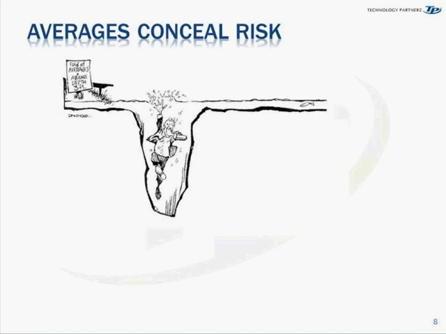He doesn't know how to swim, so he drowned, and that made for a very bad day for him. So that's the message: averages conceal risk. And working with PRA and risk analysis, we actually look to find out what those concealed risks are.